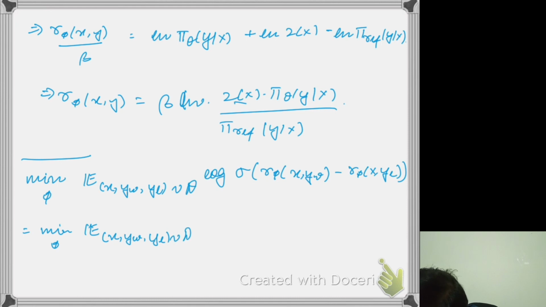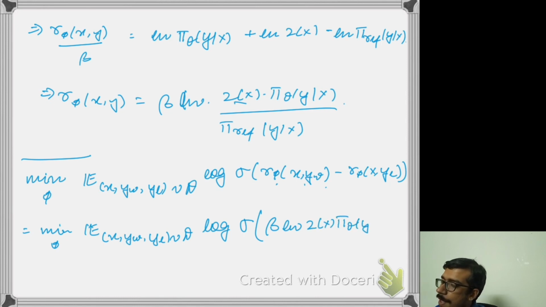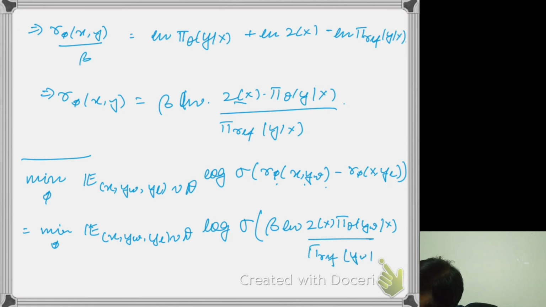So basically, if we now write r phi x y w minus r phi x y l, we will have the terms beta log of zx pi theta y w given x over pi ref y w given x, minus beta log of zx pi theta y lose given x over pi ref y lose given x.